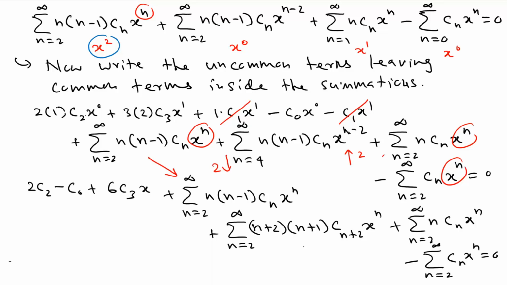Now you can see they all have the same index, same starting value, and the same powers. So they all have the exact same power. So you can combine everything into one. So let's do that. When you combine everything into one, you can see that c2 minus c0 plus 6c3 x plus sigma n going from 2 to infinity.